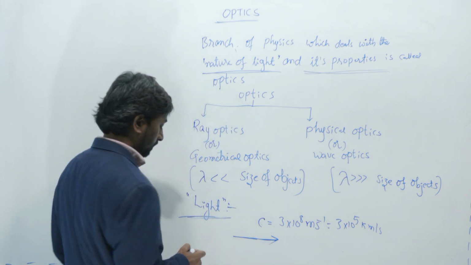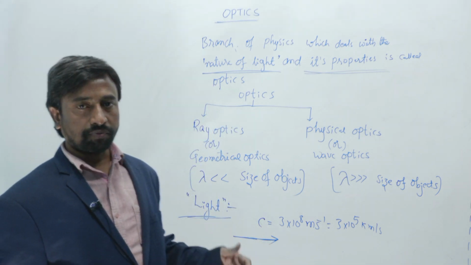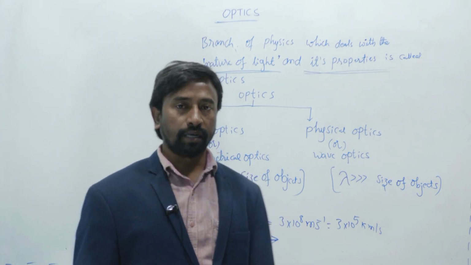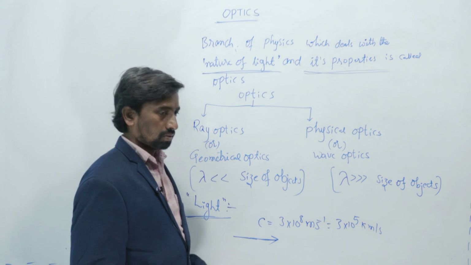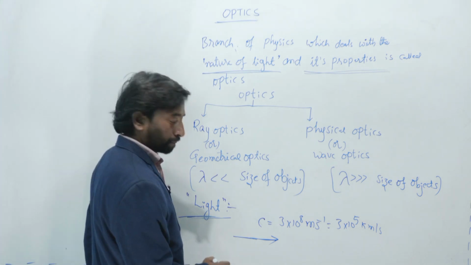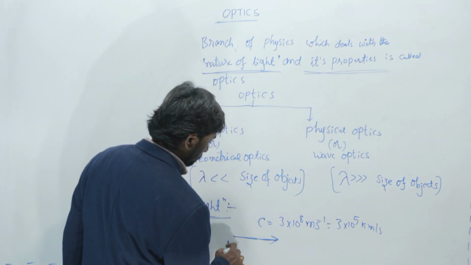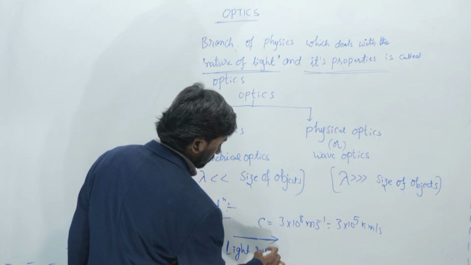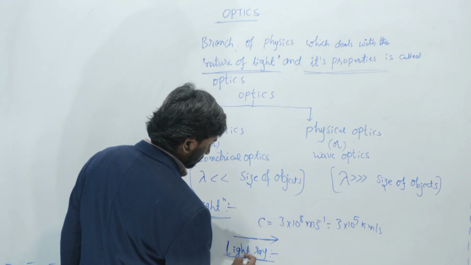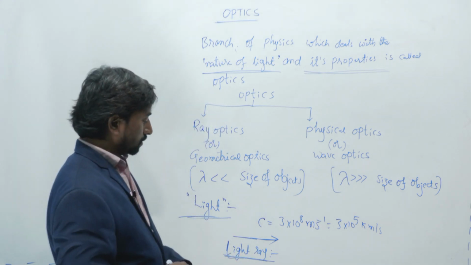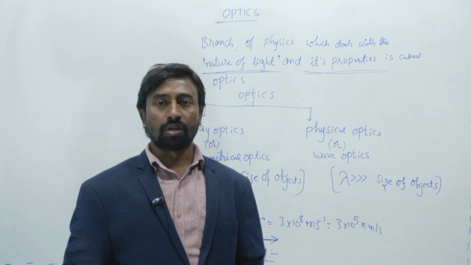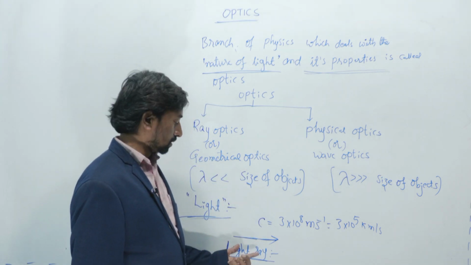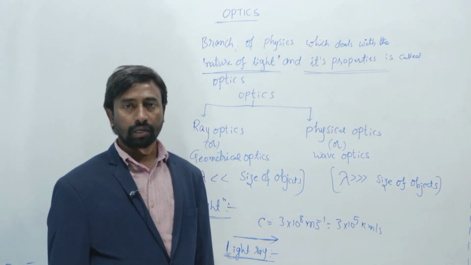It can be denoted by a straight line with an arrow, the ray of light. To understand the properties of light, we need to know all these definitions, like light ray. A light ray is the light energy which is traveling in a straight line path, denoted by a straight line with an arrow.